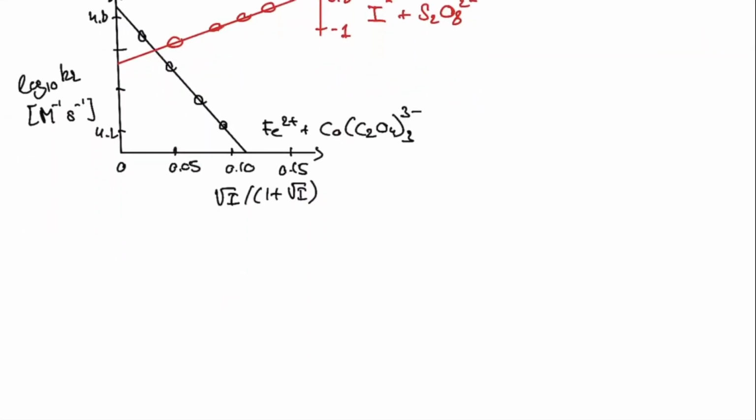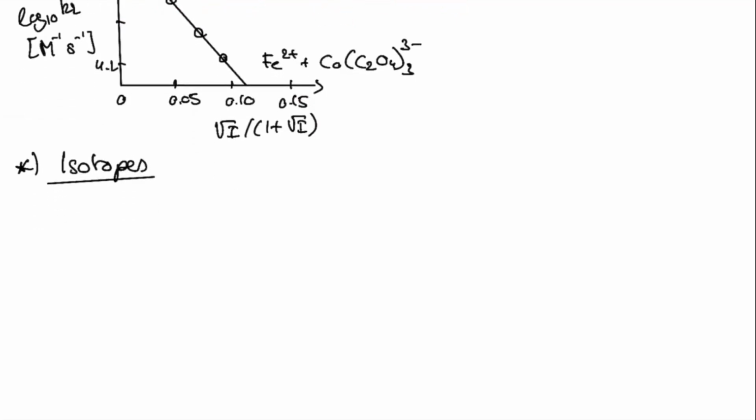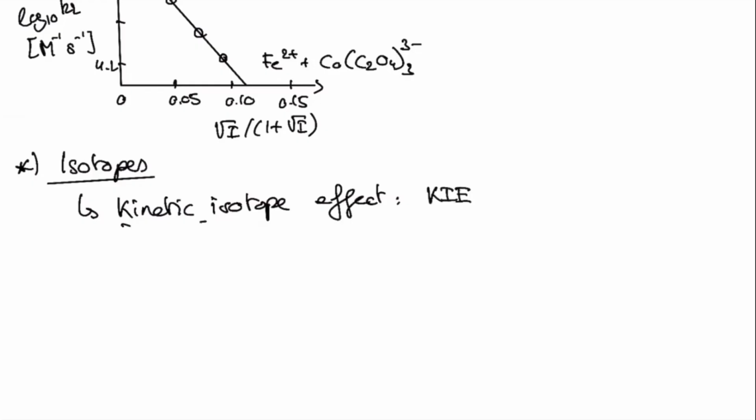Okay, let's move to another effect. That's the effect of isotopes. So there is something called a kinetic isotope effect, KIE, and it's the rate constant KL over KH. So what does this L stand for?